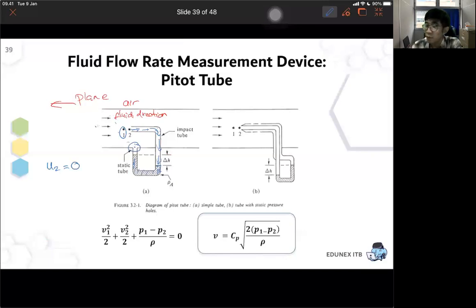So if you have Bernoulli, this one, right? This is the full Bernoulli equation.